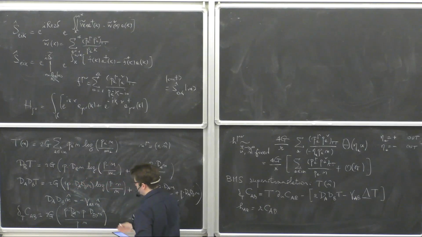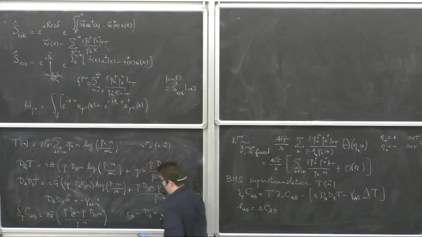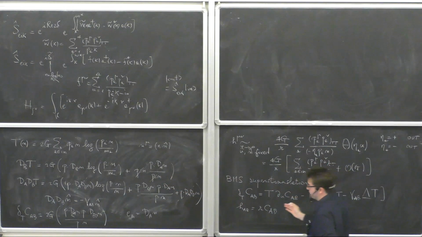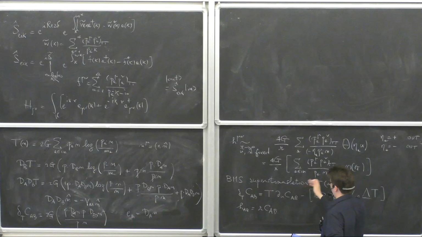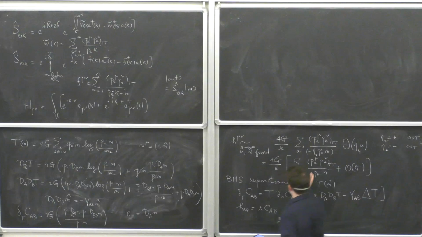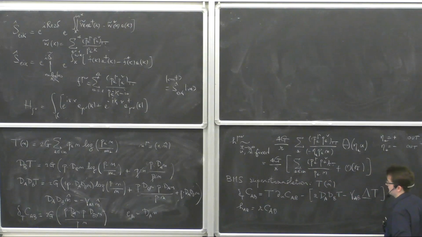But now, of course, what are these d_A and d_B n? These are the reference vectors on the sphere, right? So we recognize this as precisely another way of writing exactly the same thing that we have here, the TT projection on the sphere of this combination P_A P_B divided by P dot n. So this sort of completes the exercise.